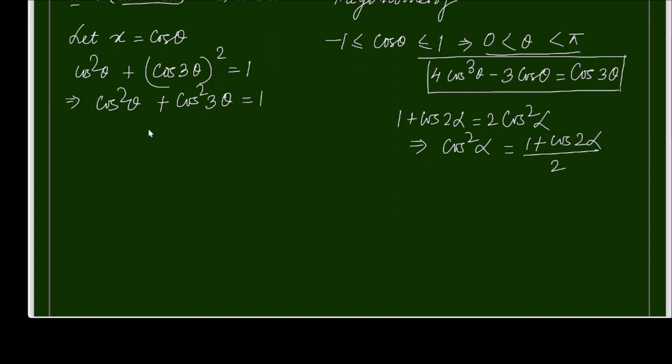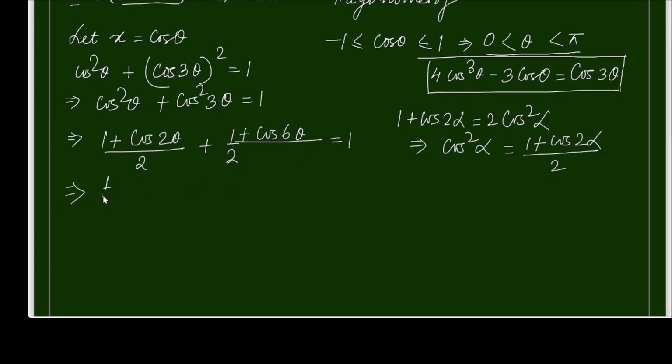So applying this, I'll change both the expressions. First one will be 1 plus cos 2 theta over 2, and second one will be 1 plus cos 2 times 3 theta, cos 6 theta, by 2 is equal to 1.